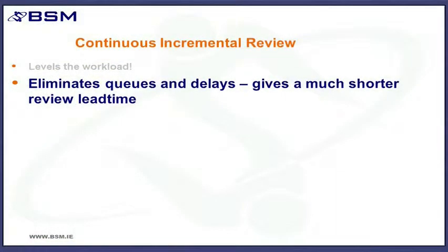Okay, the second thing, of course, that it does is it eliminates all the queues and delays in the typical, traditional batch record review process. So if you do a flowchart of your current batch record review process, you will find that it's got lots of delays in it. It wouldn't be surprising to find 10 delay points in it.